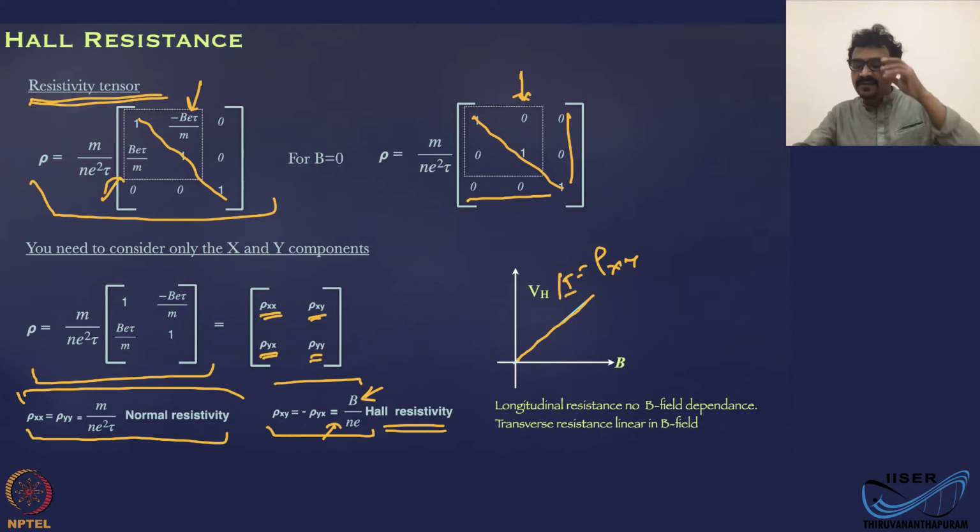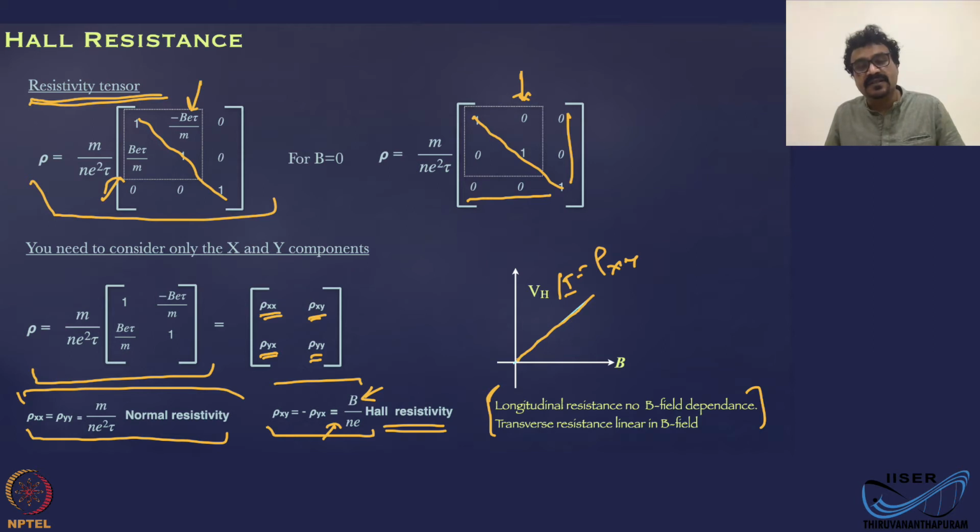The slope of that is proportional to the B field. But at the same time, the longitudinal resistance does not have any dependence on B, whereas only the transverse resistance has a dependence.